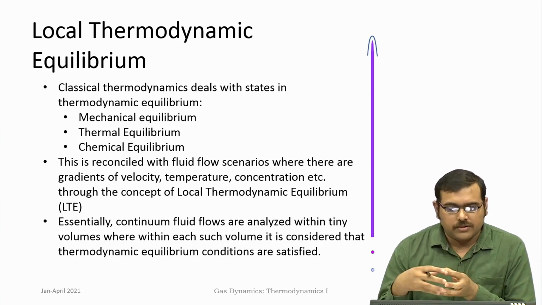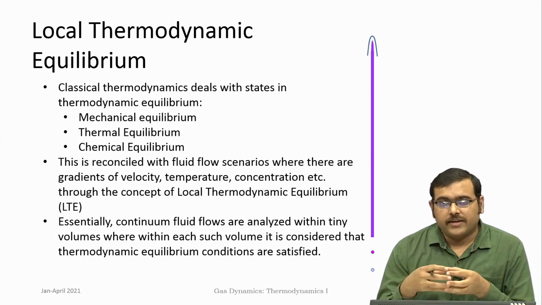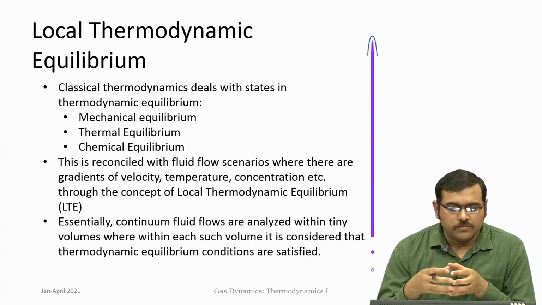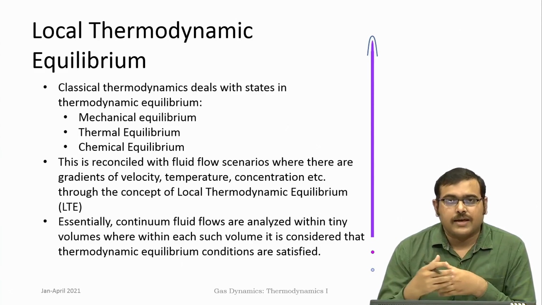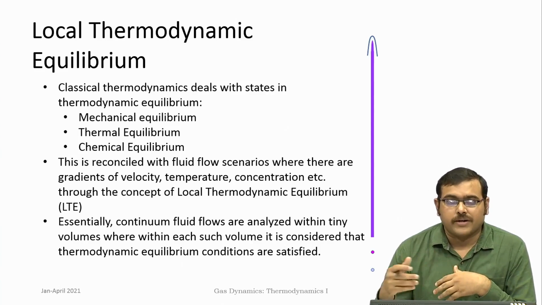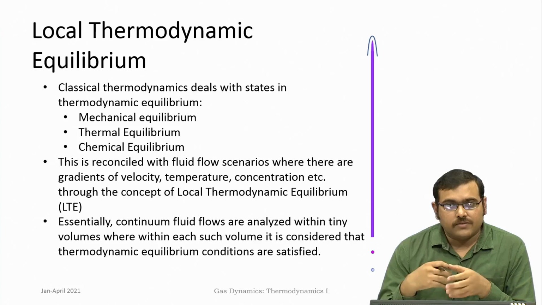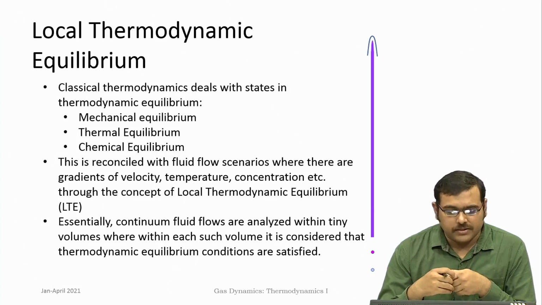The equilibrium concept essentially says the gradients should be very small or negligible, but fluid flows happen only when there are gradients of pressure, and heat transfers happen when there are gradients of temperature.